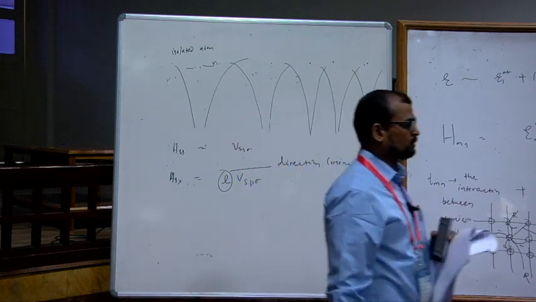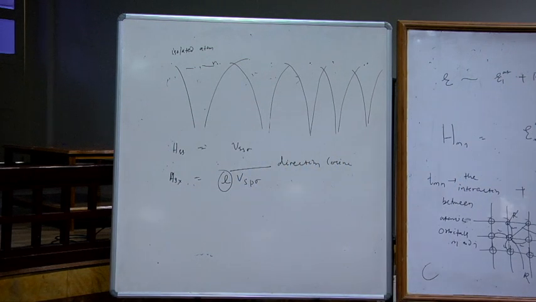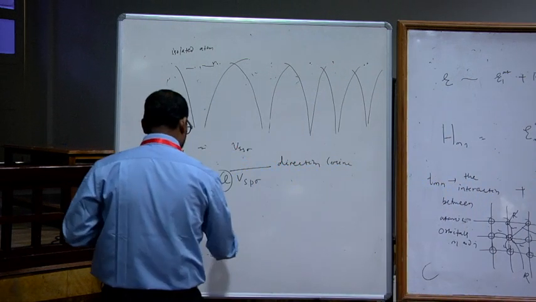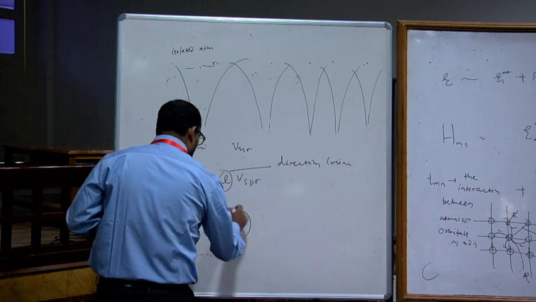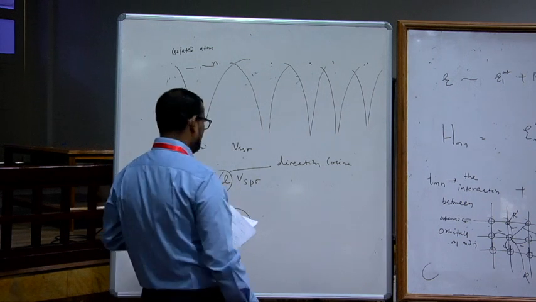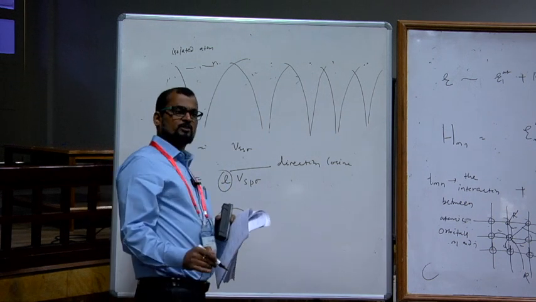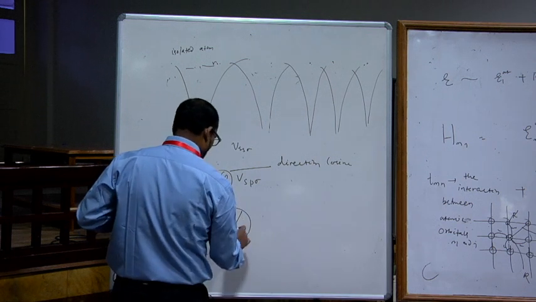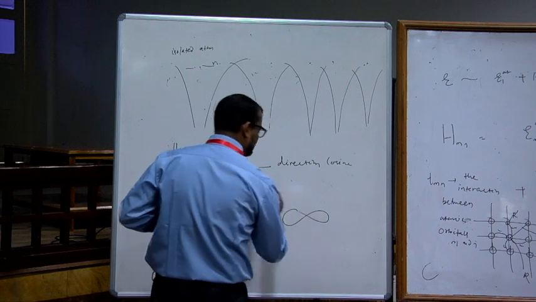So Slater-Koster took care of the crystal symmetry in this picture. Okay? Let's say I want to study the interaction between the s orbital and x orbital. So this is my s, this is my x.